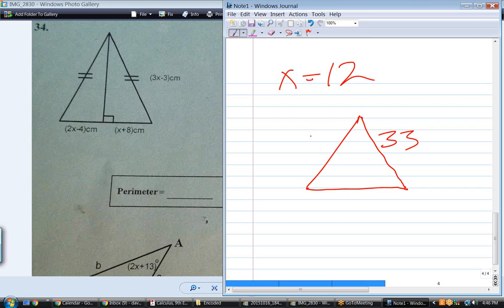It would be the same. 33. What's this left part of the bottom? It is 2x minus 4. 20? And what's the right side? You don't even have to plug it in. 20. And the total? Is 106? So that's the perimeter.